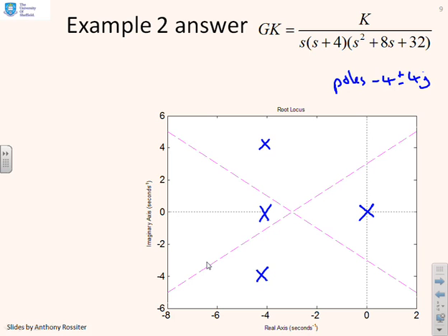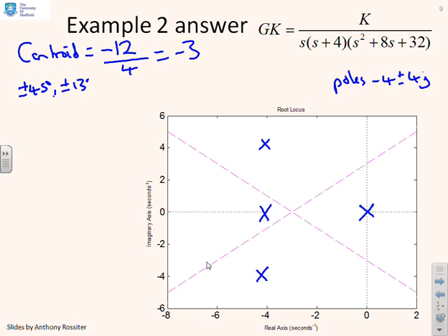So next I want to do the asymptotes. Well, if I do the computation for the centroid, remember you do the sum of the open loop poles, which is -12, minus the sum of the open loop zeros, which is none, divided by 4, so you get -3. And because the excess is 4, you're going to get plus or minus 45 degrees, plus or minus 135 degrees.